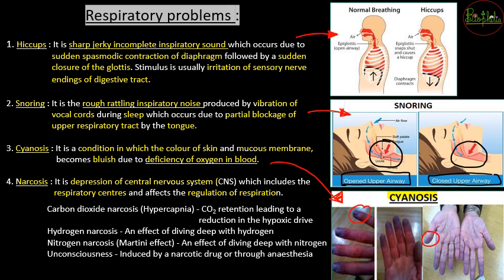Now because of that you can have various conditions. पहली condition हो सकती है carbon dioxide narcosis, यानी क्या? Hypercapnia. Okay, in the terms I had told you, hypercapnia क्या होता है? Increased carbon dioxide amounts in the blood. So there, in this condition, what is going to happen?